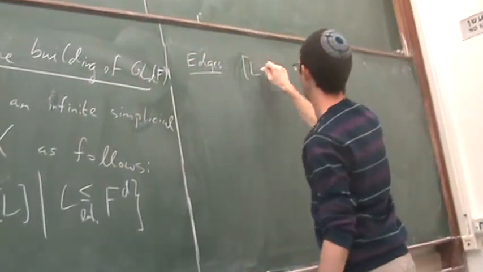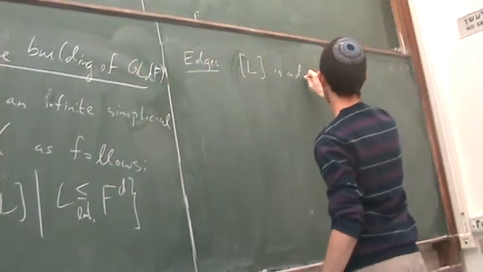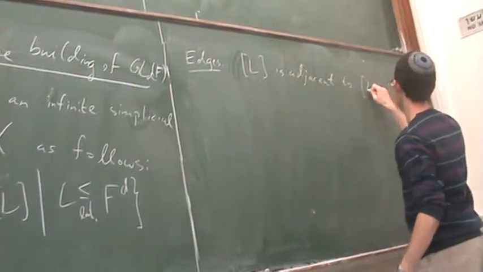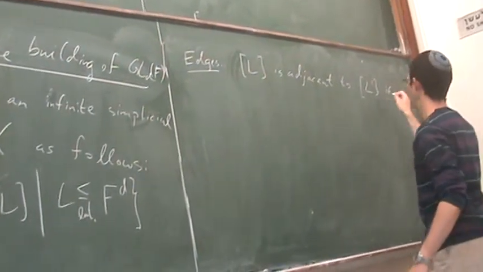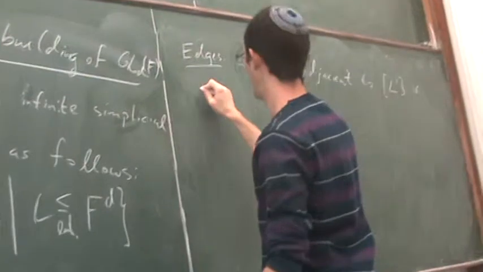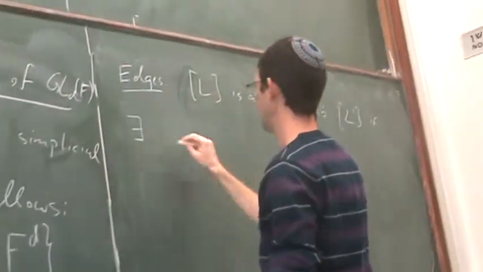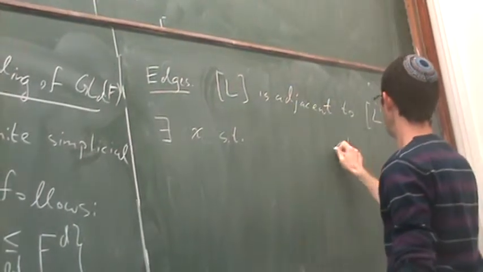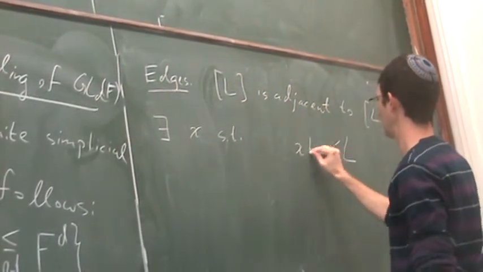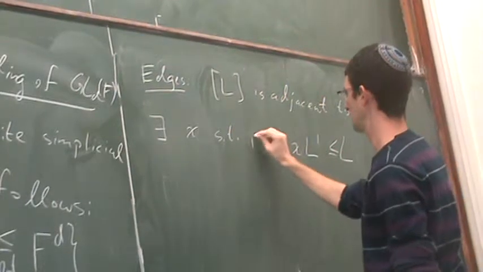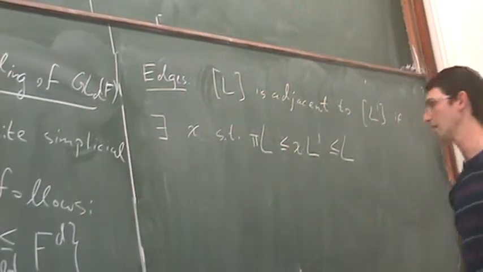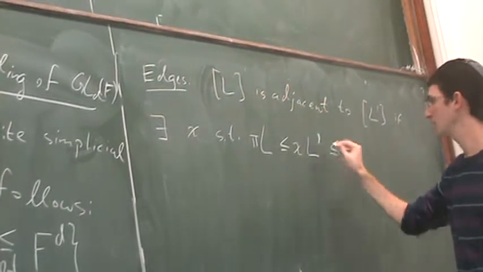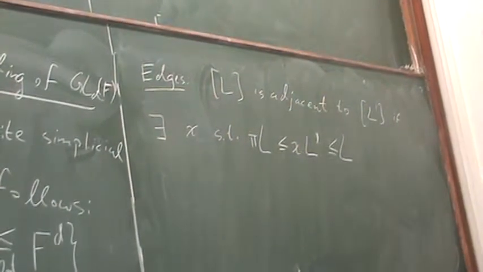L is adjacent to L' if there exists some x such that L contains xL' which lies somewhere between L and pi L. This is the adjacency relation.